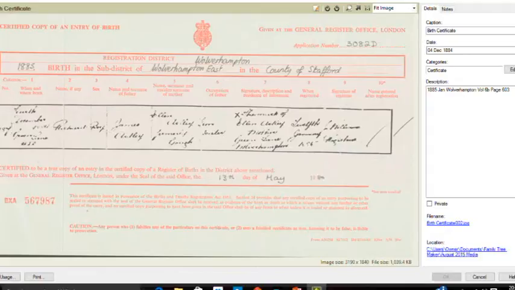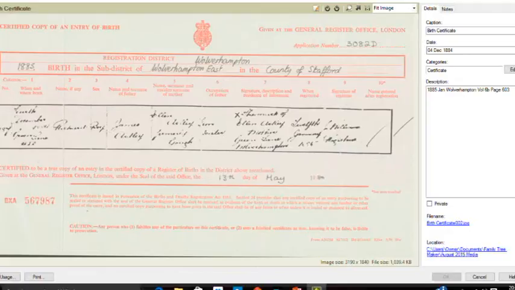It took me a little bit of research to find out what that was, but basically there was a very large iron industry in Wolverhampton, and an iron scaler was the person who had the rather unpleasant and arduous task of cleaning out the furnaces, basically descaling them of the iron deposit on the sides of the furnaces after the iron had been cast. It was very unpleasant work by all accounts.